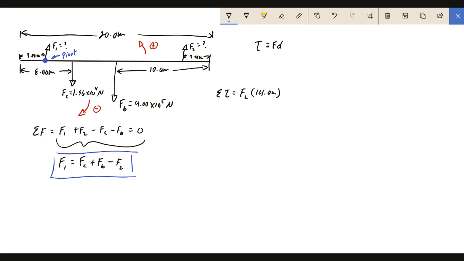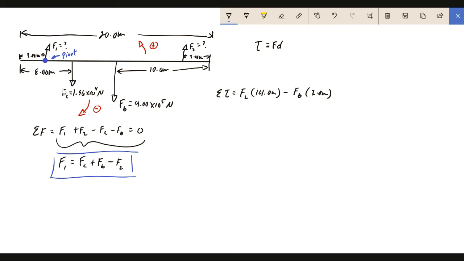I've got two negative torques. So let's just keep working down our lever arm. So the next force that we come to is FB. That's a negative torque, so I'll write minus FB. And what is the lever arm for FB? Well, it's this distance to our pivot, which is 7 meters. And then I have one other one, right?